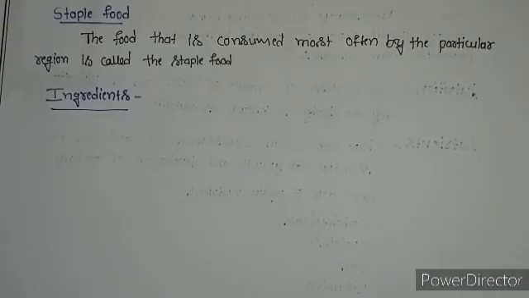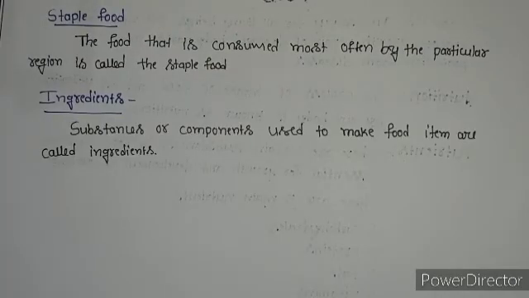Students, next we are going to know about ingredients. Some foods are made of just one or two substances, right? For example, rice. For preparation of rice, we need water, rice, and salt. Only a few substances.